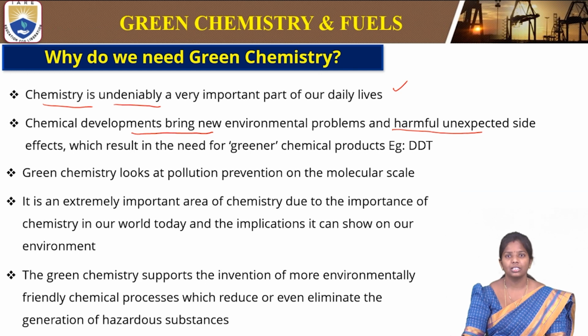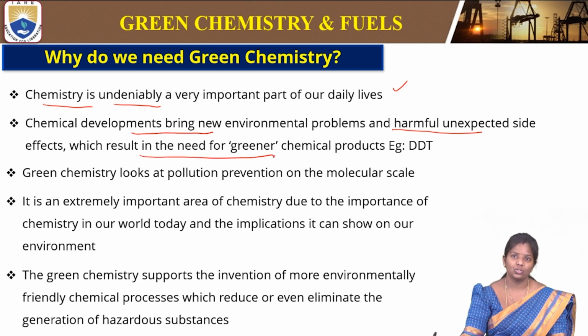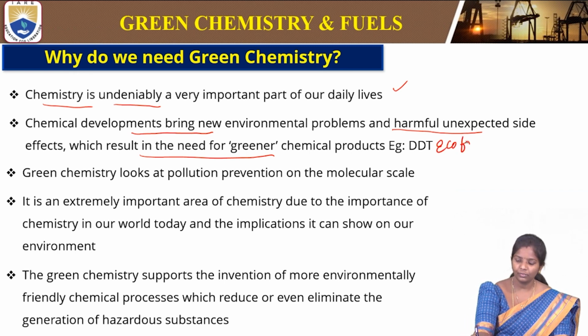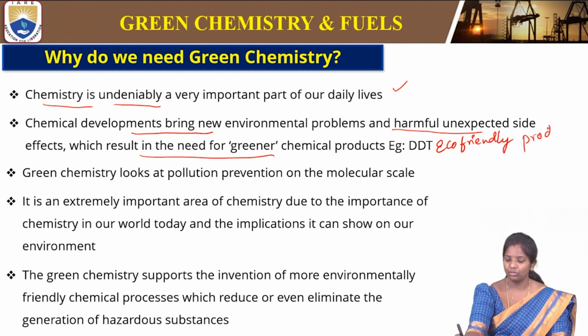So green chemistry will help us in reducing these, which will result in the need for greener chemical products. So the products should be greener, which is nothing but eco-friendly products. So it is always better to prefer eco-friendly products, so that the effect on the environment is also lower. An example is DDT that we spray on the crops.